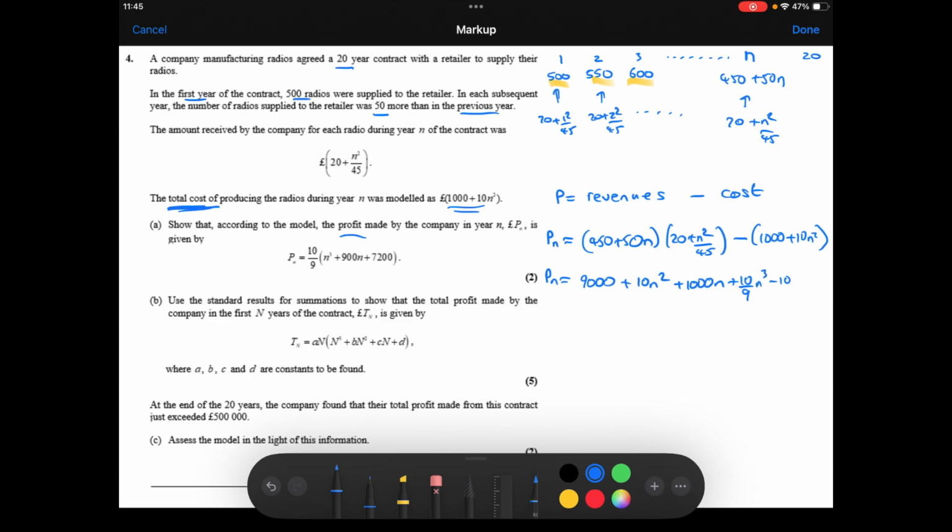Then we've got the minus 1000 and the minus 10n squared.